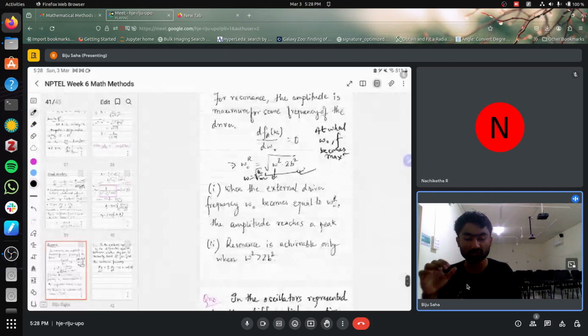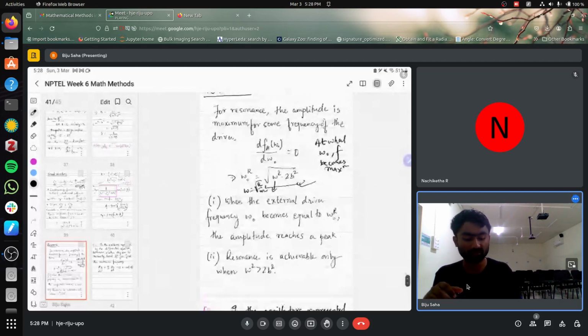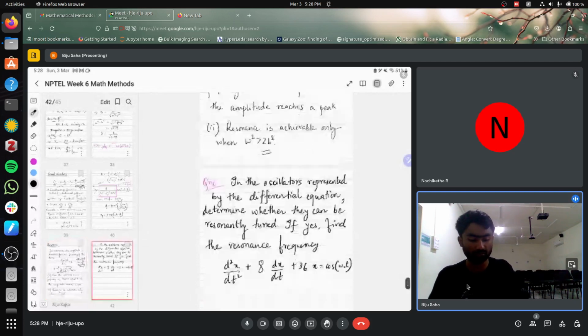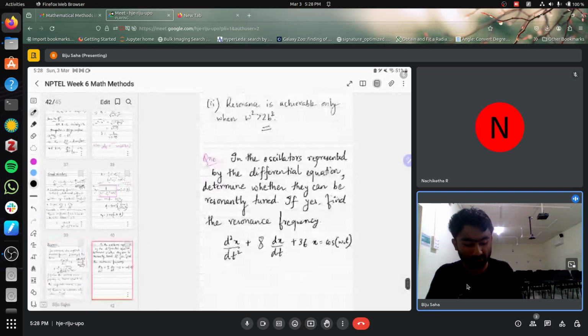Whether resonance can be achieved or not can be understood by looking at this. If this term comes out to be imaginary, resonance is not achievable. It is achievable only when omega square is greater than 2b square. Let us look at a very simple problem. This is the problem in hand.